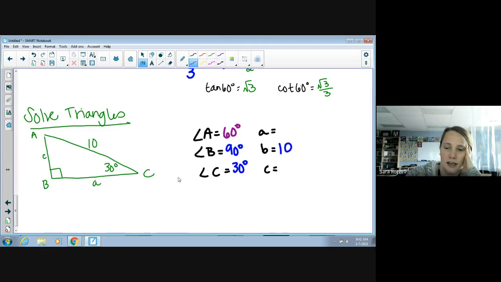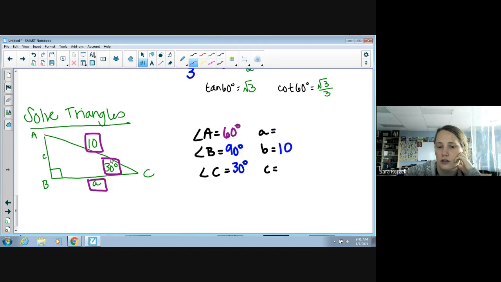So I'm just going to think, I need to know side a. I only have one side, so I can't use the Pythagorean theorem. I need side a, but I also am going to have to use the side that I know. All right. So I'm looking for a. I know 10 and I know 30. So when I'm looking for this, these are the things that I know. This is what I'm looking for. So I want to know what trig ratio I should use.